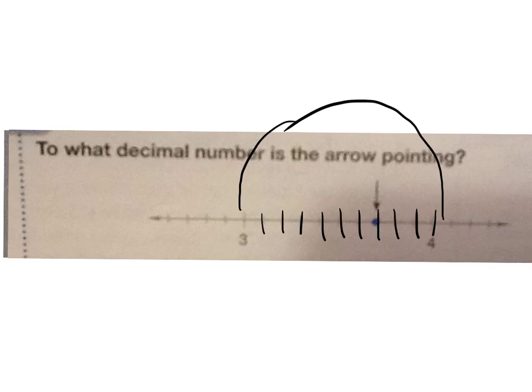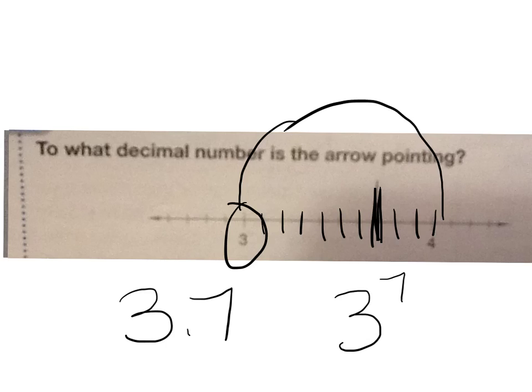Therefore, the arrow is pointing at 3, and remember here was 7/10, which we can write as the decimal number 3.7. If we were to write that as a mixed number, it would be 3 7/10. Read the same way, just one is written as a decimal and one is written as a fraction, a mixed number.